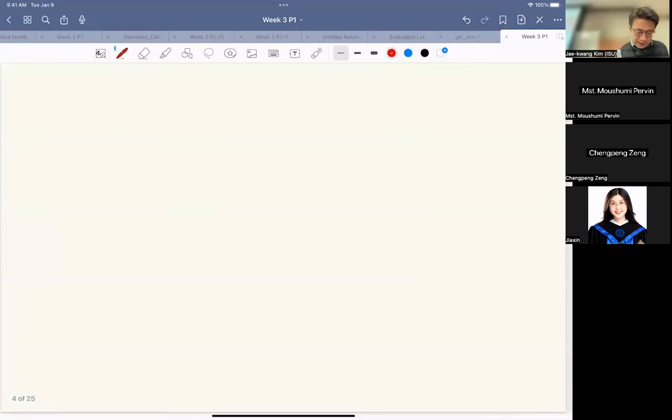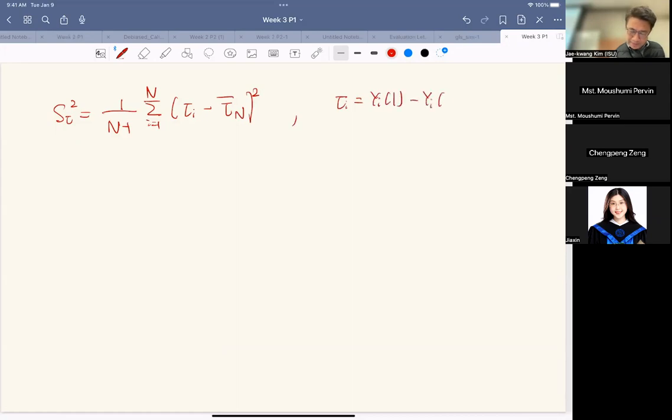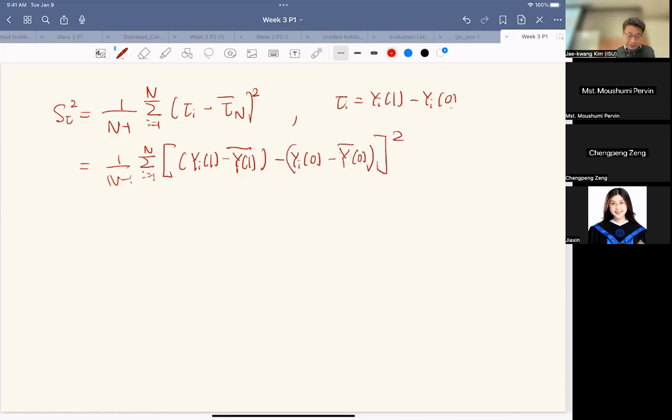This is simple algebra, but let's do it one by one. So you can basically expand.